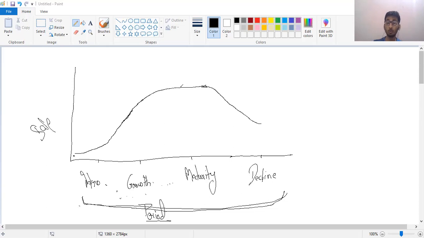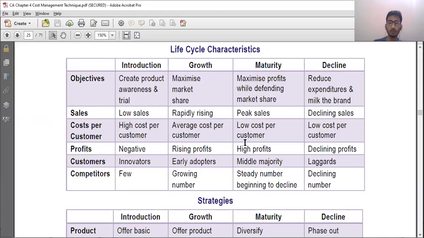I hope you have understood all these things related to the phases of any product life cycle. Now, a very good summary of all these four stages is given in the CA final study book. So I just wanted to show you once.